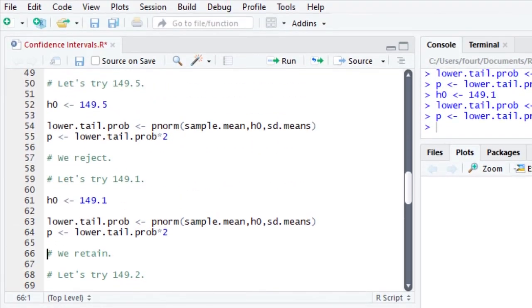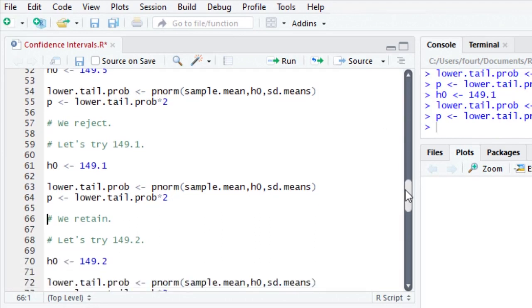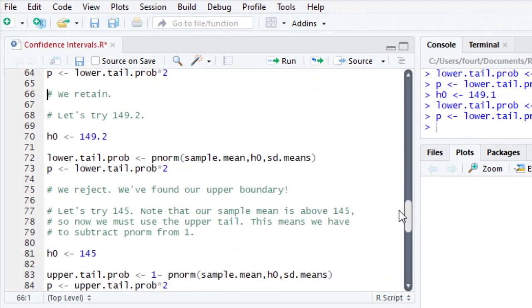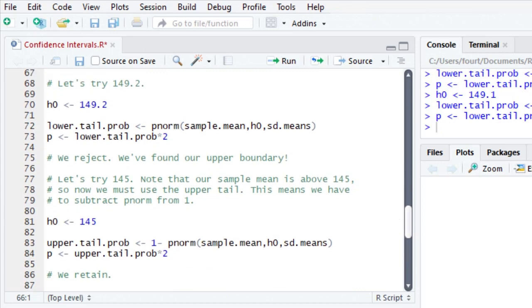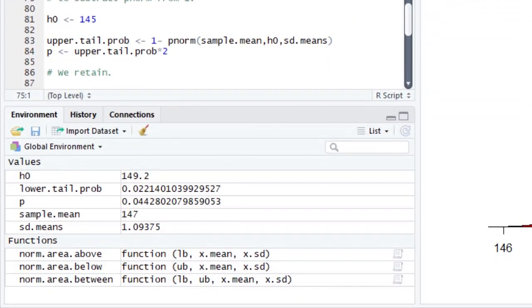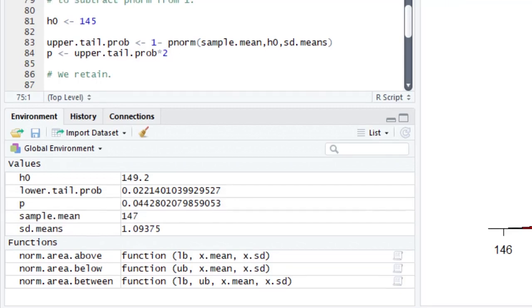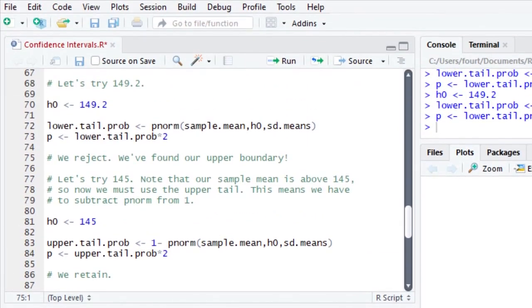You see how I can quickly do this using the same commands over and over and simply changing the null hypothesis? Let's try 149.2. The p-value is 0.04, so we reject the null hypothesis. We found our upper boundary.